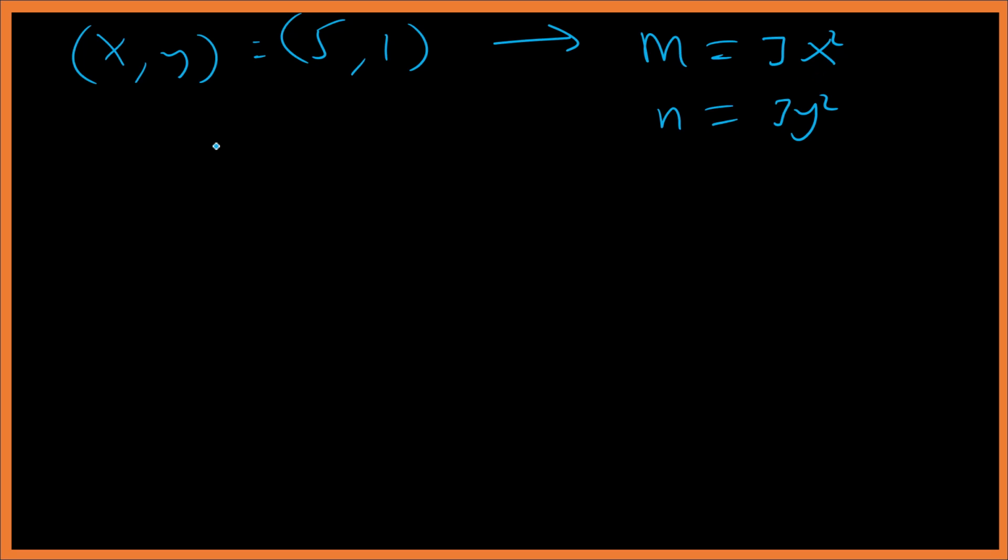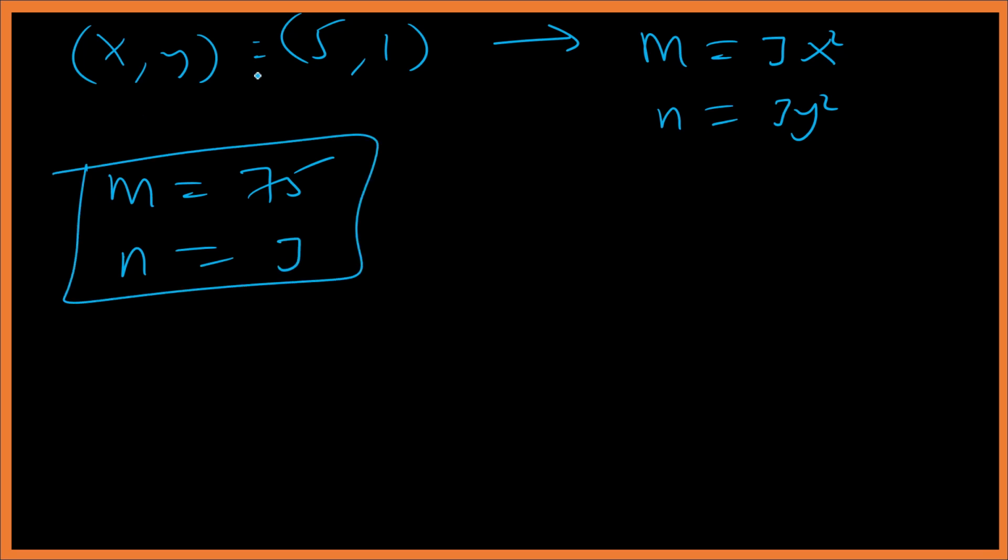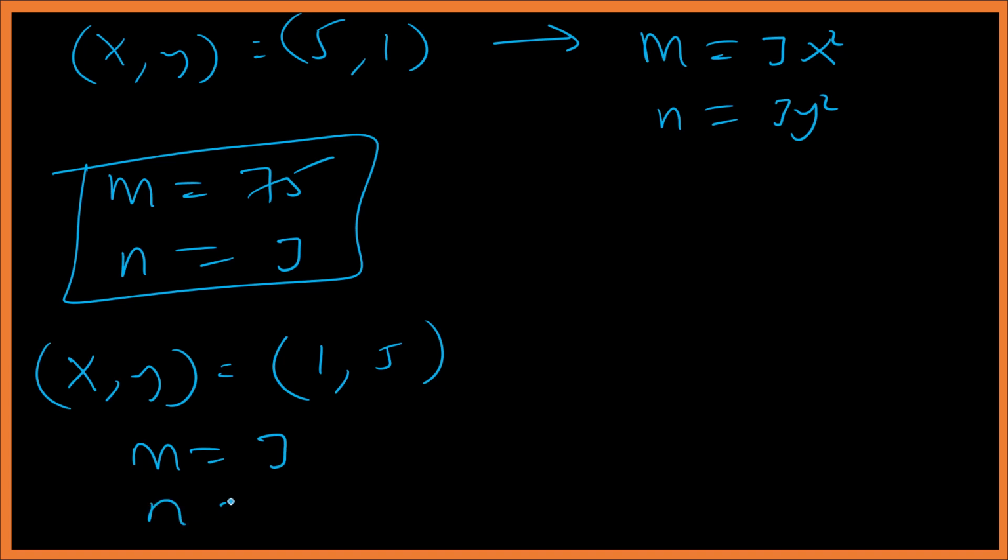That will be m equals 75. And this side will be 3. n will be 3. And if I interchange the position, that will be when x is 1 and y is 5. That will make m equals 3 and n equals 75.